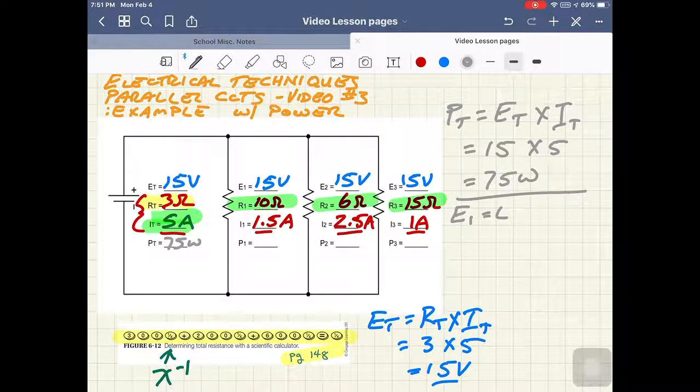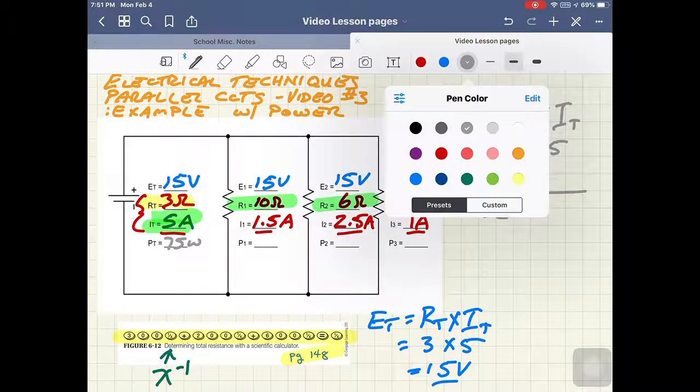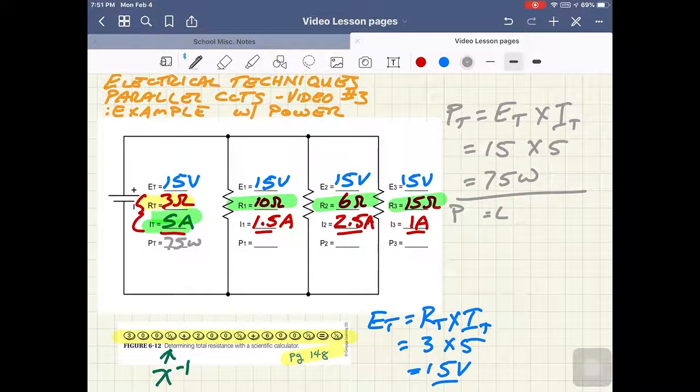E1, oops. Check that. We're doing P1, E1 times I1, right? Always taking the values from the same part of the circuit. 15 times 1.5, 22.5 watts.